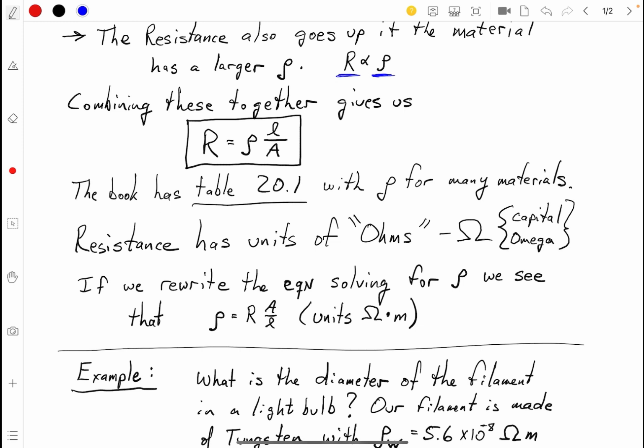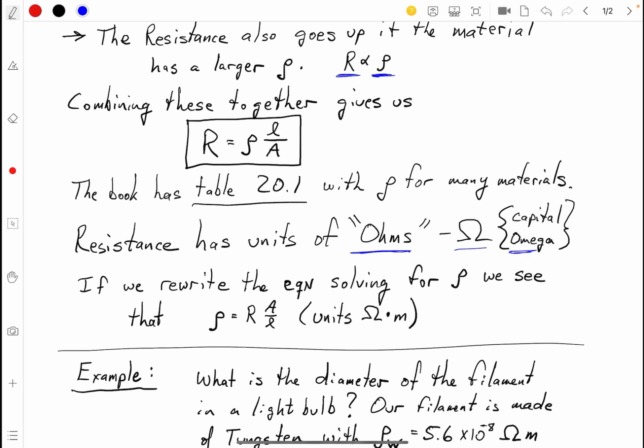And resistance has units of ohms. Let's talk about units for a second. And that's a capital omega. So you can see why we want to use omega, because ohm rolls right off the tongue from omega. So that works.